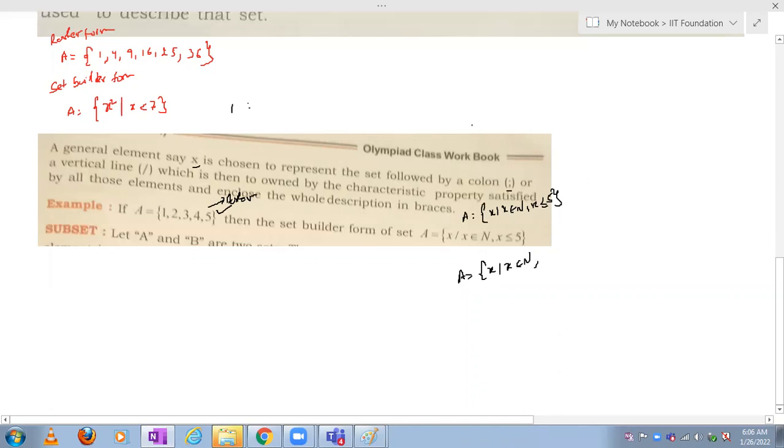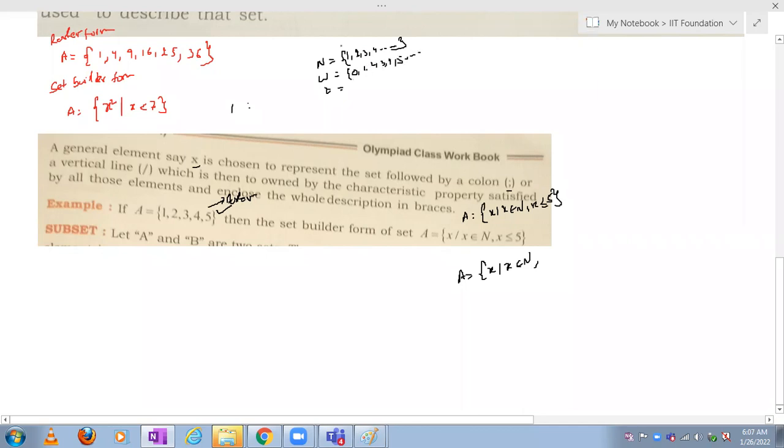So, first of all, natural numbers, whole numbers, integers, and rational numbers. These are all standard sets. We need to remember this. So natural numbers means what? All 1, 2, 3, 4, and so on. These are all natural numbers. Whole numbers means 0, 1, 2, 3, 4, 5.